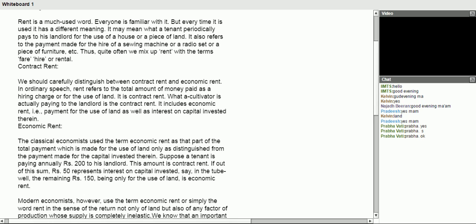Suppose out of this 200, 50 rupees is the interest which we are paying on the bank's capital, the money which we have taken as loan from the bank and invested in the business as capital. So we will exclude that 50. We will say 150 is the economic rent, and that 50 will go to make up the cost of the capital, that is the interest. That is a separate factor of production. Alright?